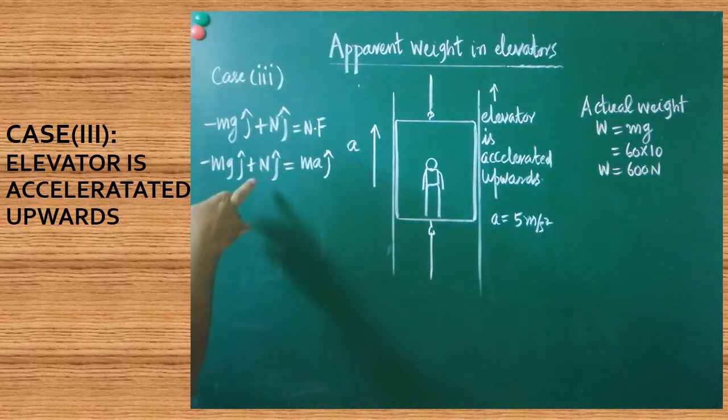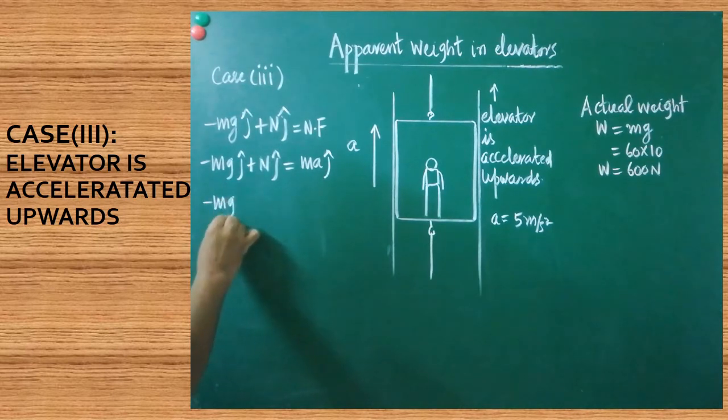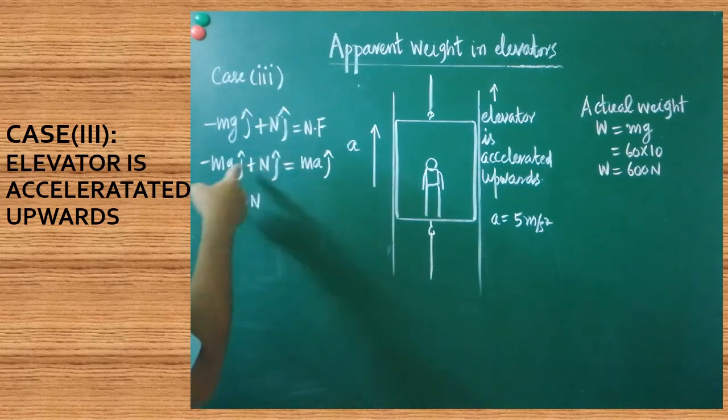Now we have to get the expression for the apparent weight. Which part of the equation gives you the apparent weight? That normal reactional force alone gives the apparent weight. Therefore, we have to equate in that format. Minus mg plus n, here all the j's can be removed, since all are the components of j.